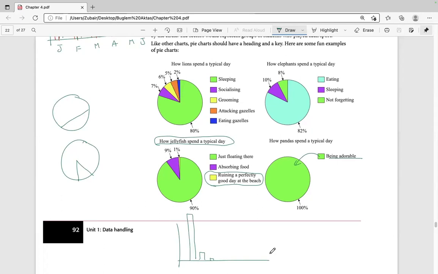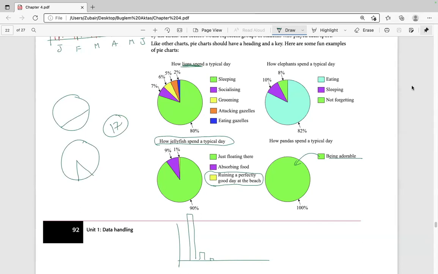Now, for example, you see these sectors in the case of lions. We have five different sectors: one, two, three, four, five. And in the case of elephants, we have only three. So 5 and 3. If I say we have 17 different sectors, would you prefer this? Would you prefer drawing a pie chart if you have 17 different options?